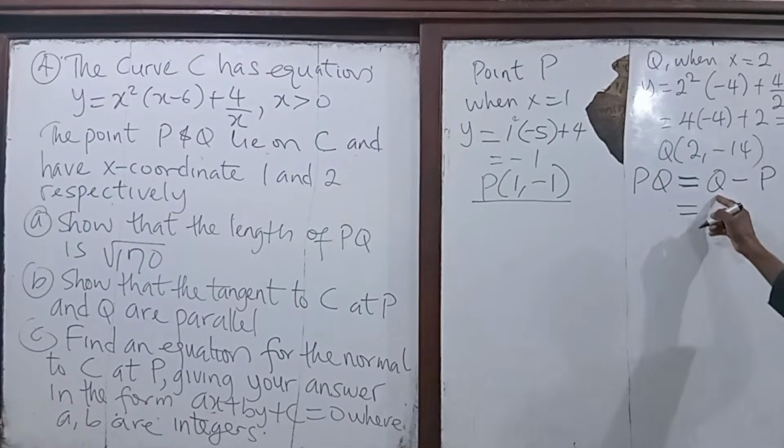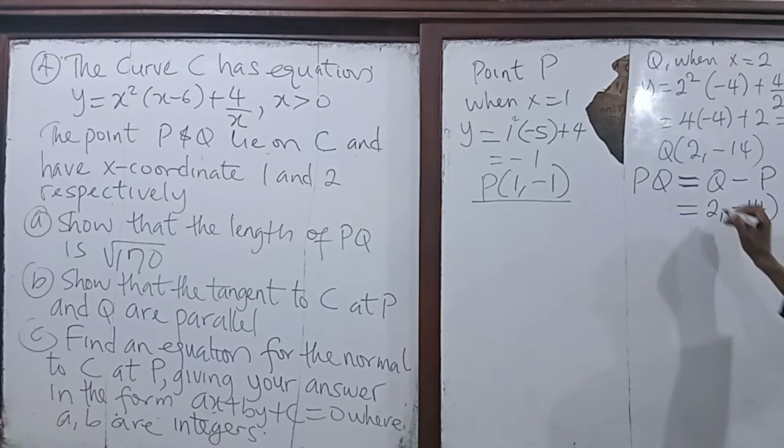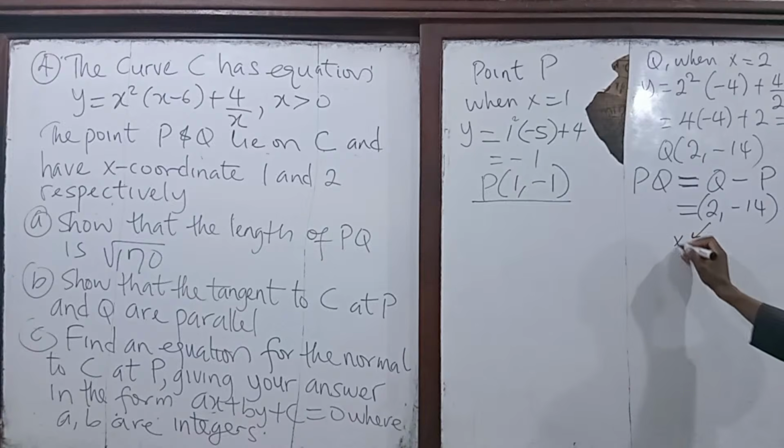For Q, we have 2 comma minus 14, so my x1 is 2 and my y1 is minus 14. For P, we have 1 comma minus 1, so my x2 is 1 and my y2 is minus 1.